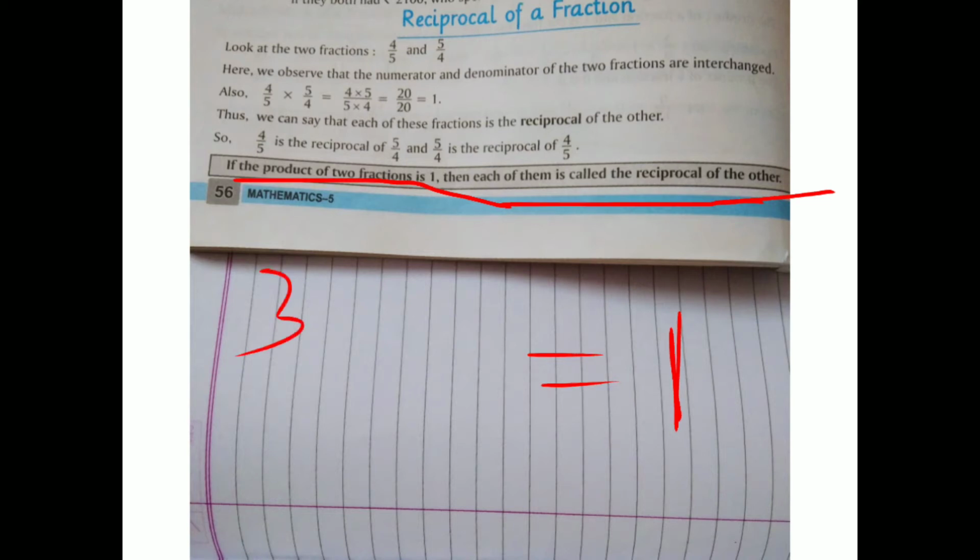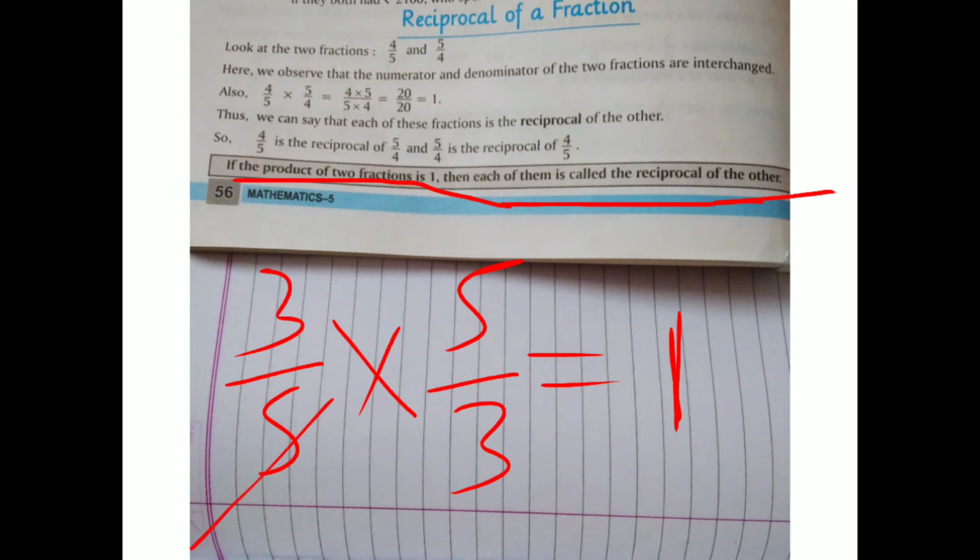Suppose we take 3 upon 5 and multiply it by its reciprocal, which is 5 upon 3. Then 5 and 5 cancel, 3 and 3 cancel, so 1 into 1 is equal to 1.